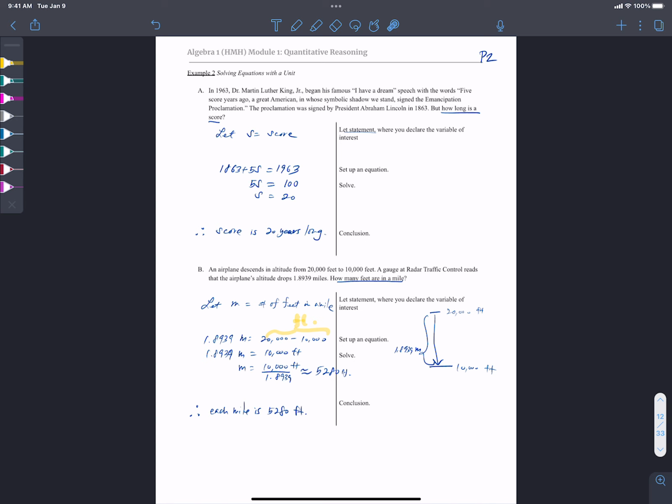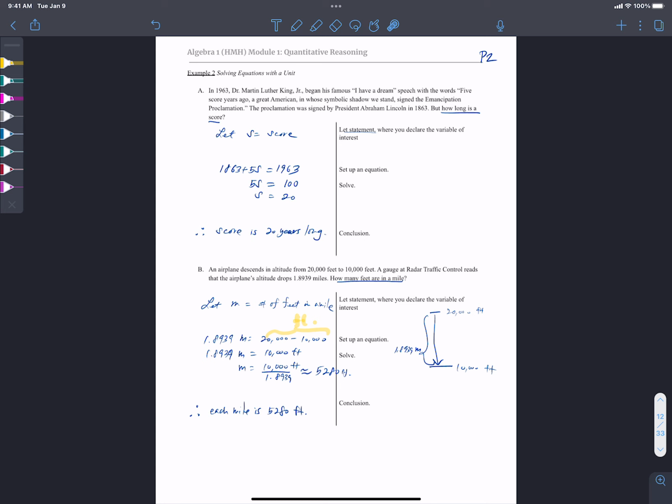So I did the same exact way over here, guys. Didn't I? So 20,000 to 10,000 feet is equal to 1.8939 miles. And I wrote it a little bit differently.